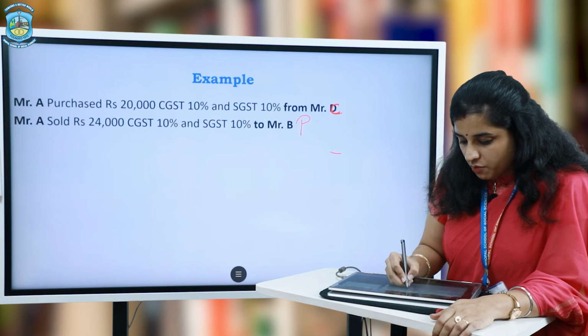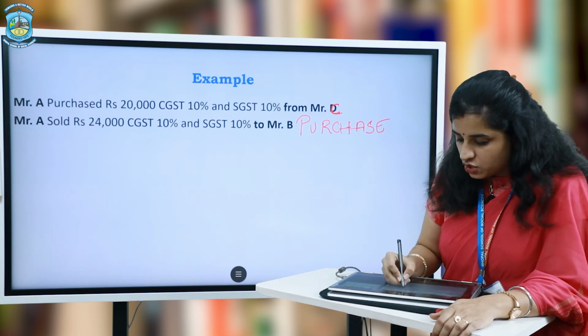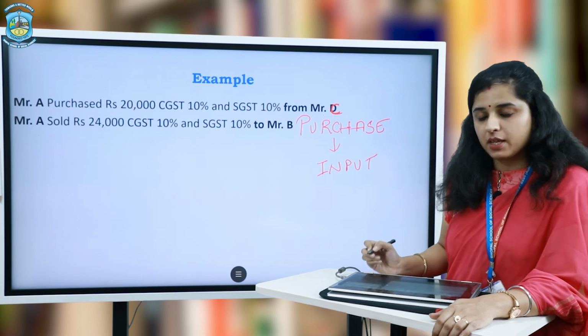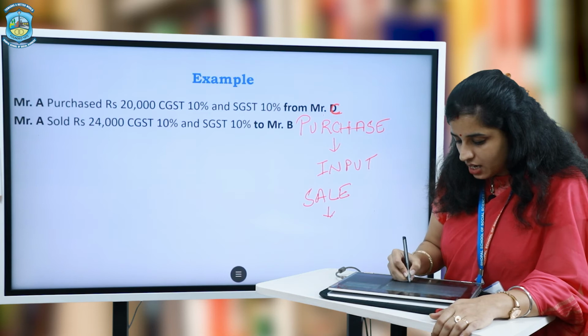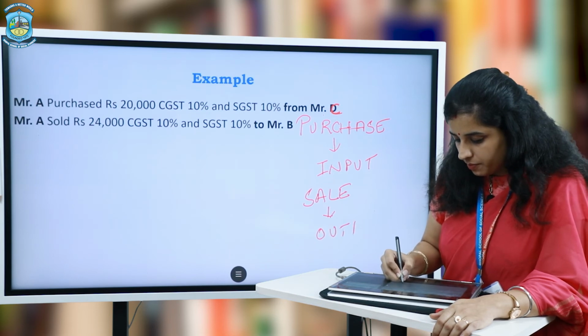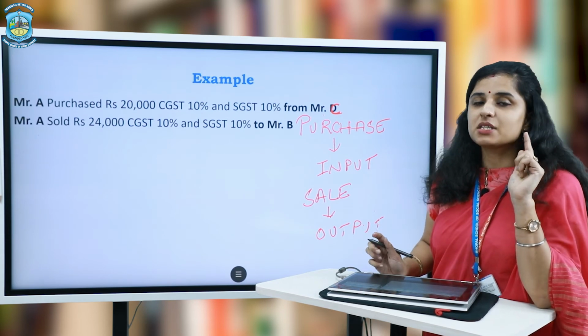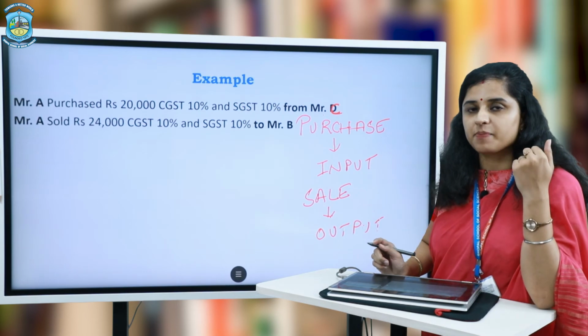Children, whenever we do purchase, we charge input. Whenever we do sale, we charge output. This input can be of two types, either CGST and SGST or IGST.